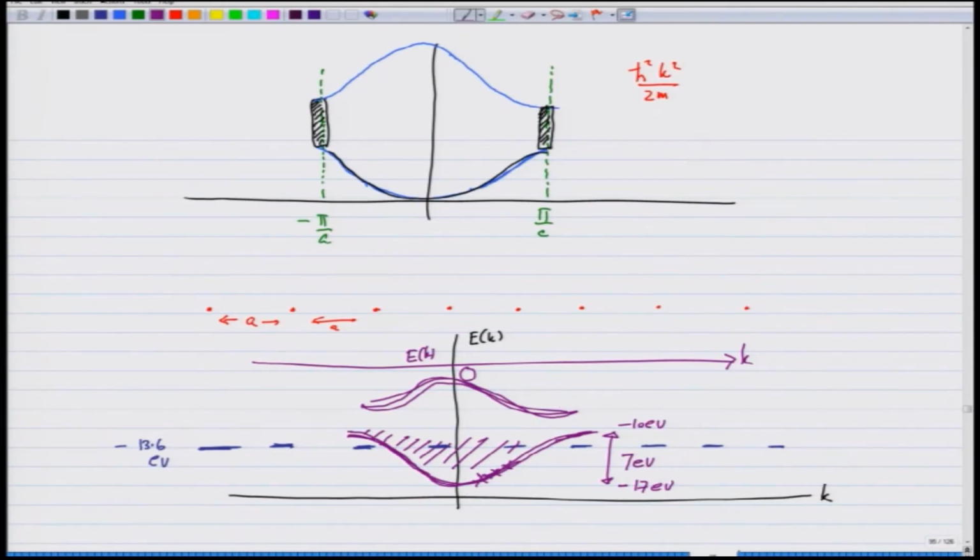So, first now let me show you the formation of this band through a model called the Kronig-Penney model.